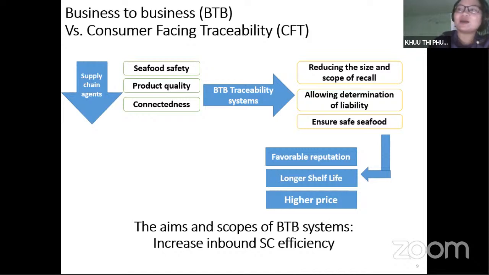To share information, to estimate and focus their demand in the input, in the materials. And of course, when we share the information, it should include the quality of the product and the safety as well.